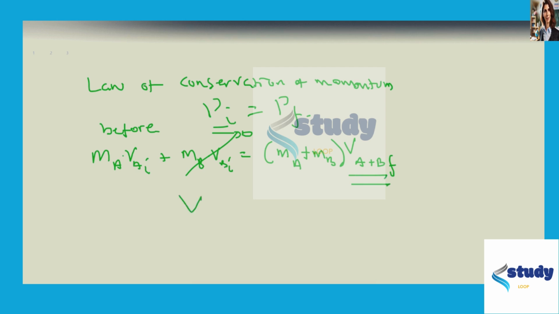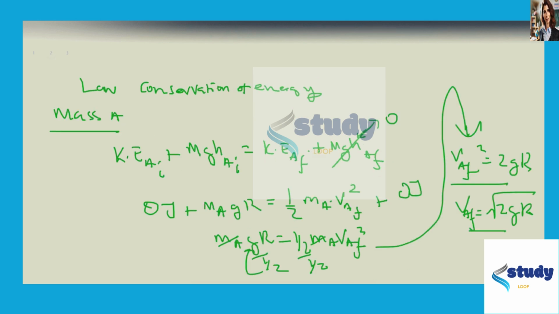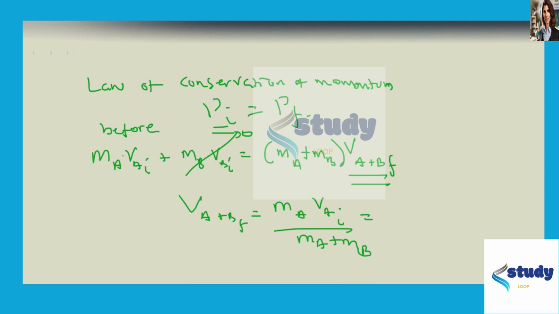So V of A plus B final equals mass of A times velocity of A, all over mass of A plus mass of B. And remember, when we were on the other page, we were able to solve the final velocity of A. Remember, A is coming down.